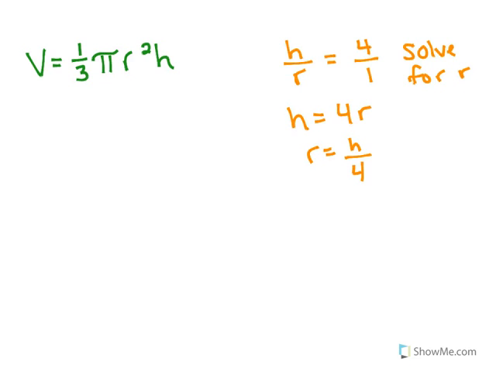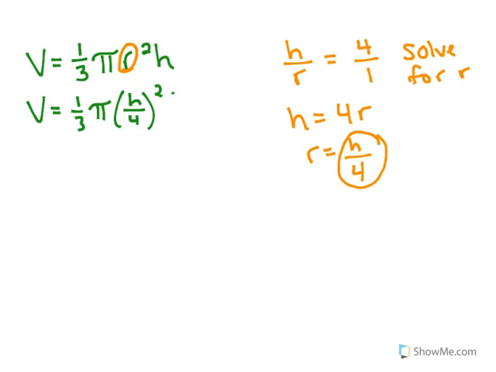So now I can take this h divided by 4 and replace the r in the original equation so that it's all in terms of one variable. So this equation is now going to become volume equals 1/3 pi times (h over 4) squared times h. And we're going to simplify that completely before we do any derivatives.